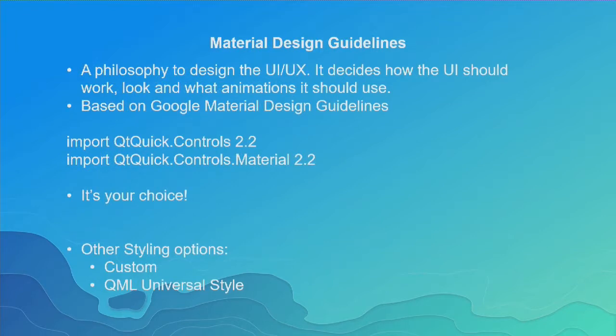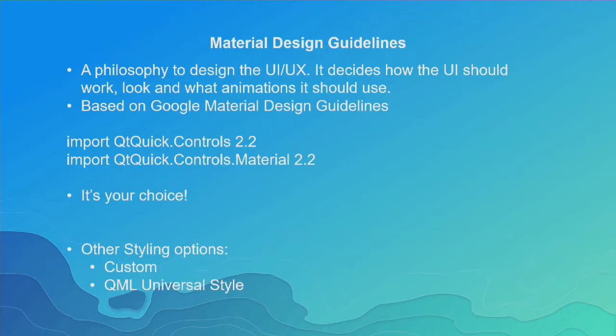So basically, in order to make everything look the same, we need some kind of workflow or guideline, right? First, just like in web, you can create your own CSS. You create your whole CSS based on your organization's styling guide. You can do that in QML. You can customize it. But there's something called Material Design. It is based on the Google Material Design Guideline.